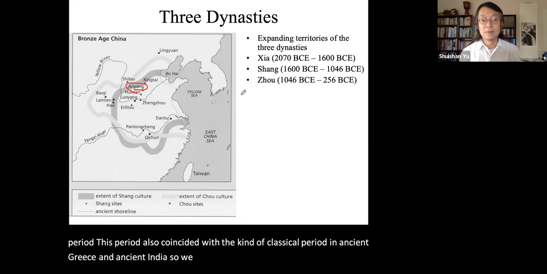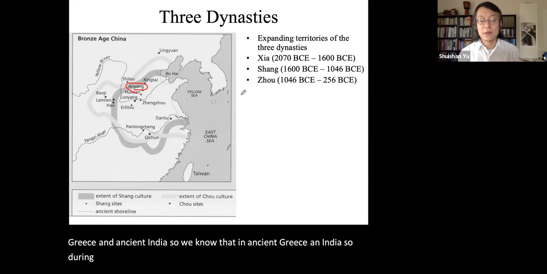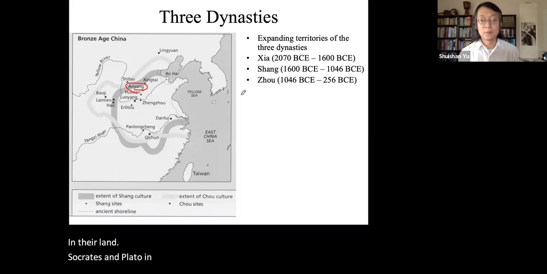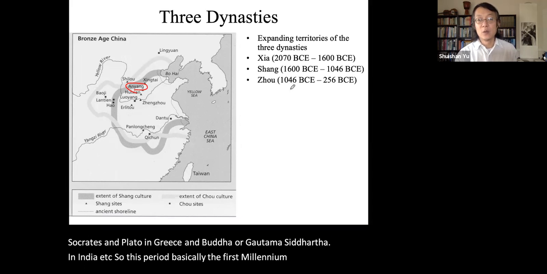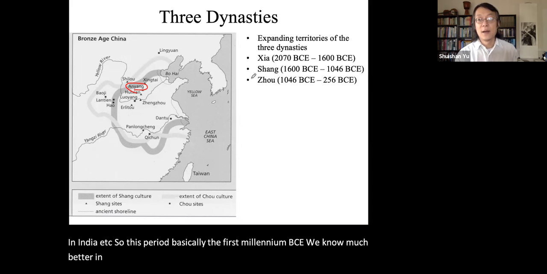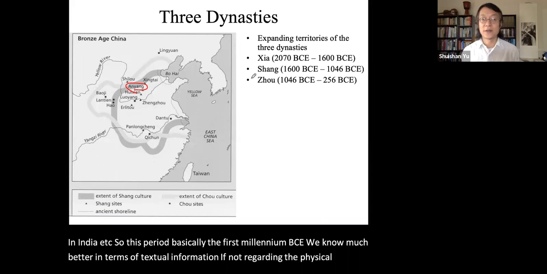So we know that in ancient Greece and India, during this period, great philosophers were born and preaching in their land, like Socrates and Plato in Greece, and Buddha or Gautama Siddhartha in India, etc. So this period, basically the first millennium BCE, we know much better in terms of textual information, if not regarding the physical remains of architecture.